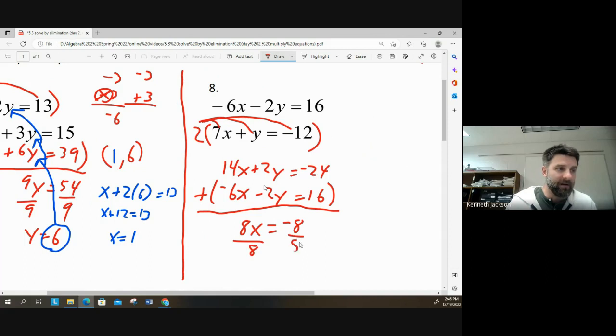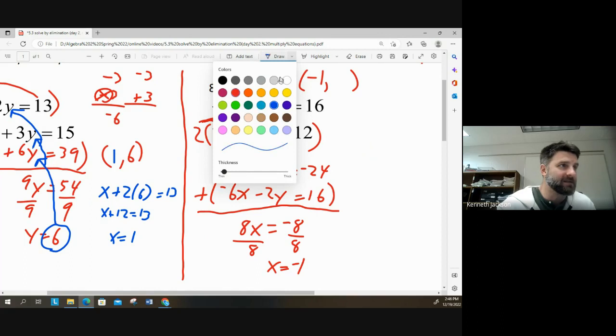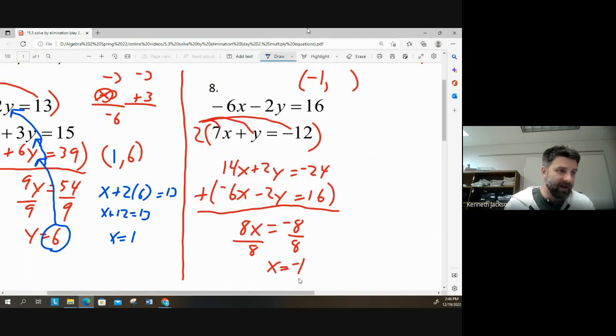Now from here, I can simply solve by dividing by 8. My ordered pair is negative 1, comma, something. And again, I have to go solve for the other half of my answer, and to do that, I use substitution. I could take this negative 1 and plug it in here, here, here, or here. It doesn't matter which one. Any of those x's will work.